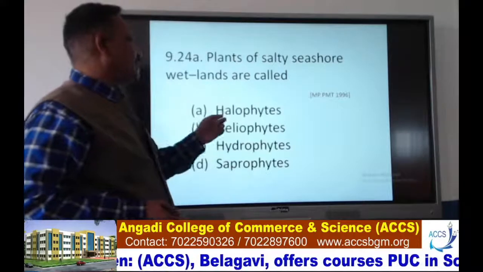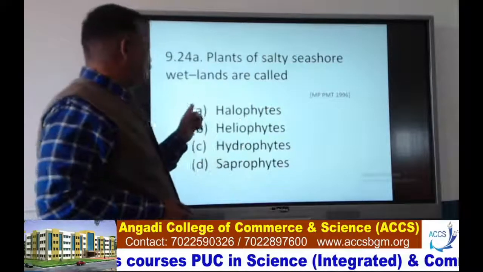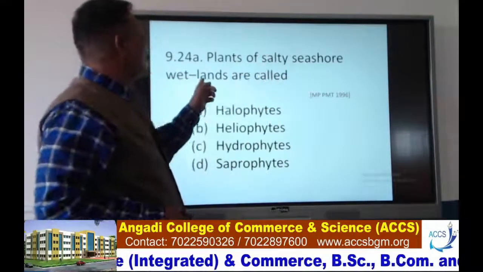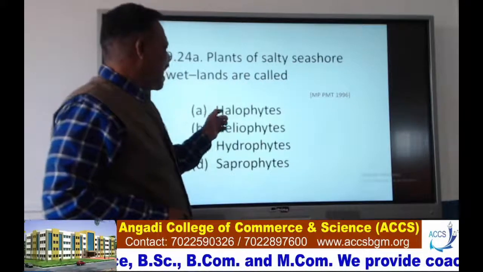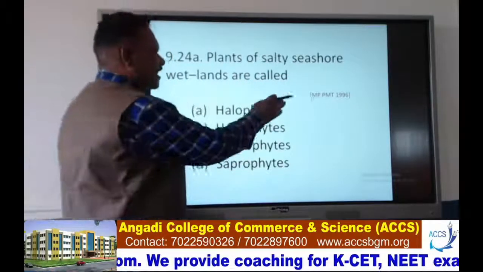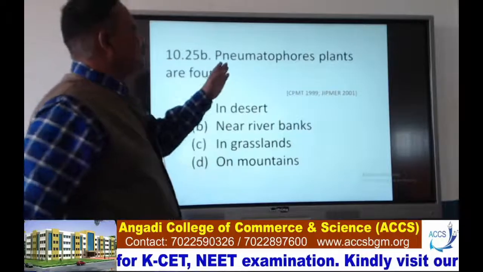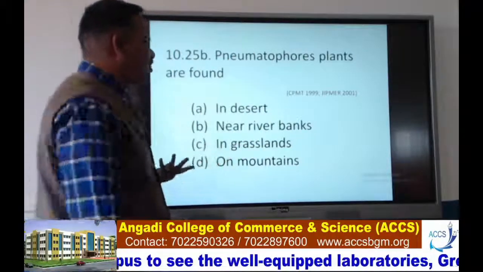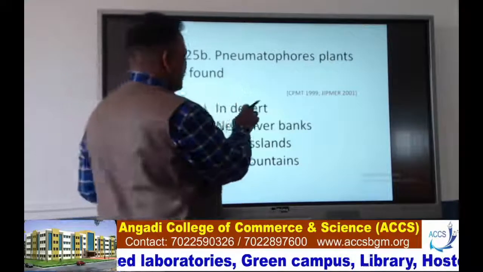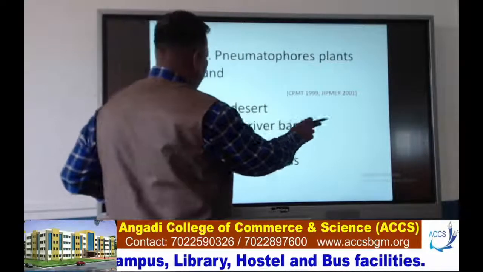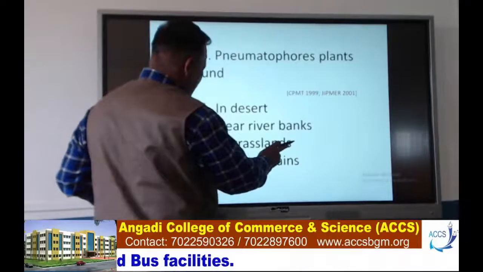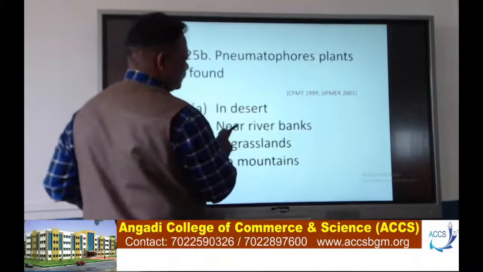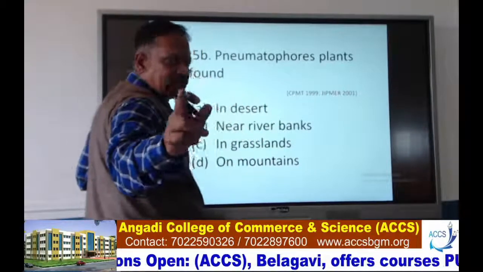They are definitely called as halophytes. So, option A is the right one. Next, pneumatophore plants are found in the Rhizophora, that is mangrove, in desert, near river banks, in grassland or mountains. Near river banks is the correct one.